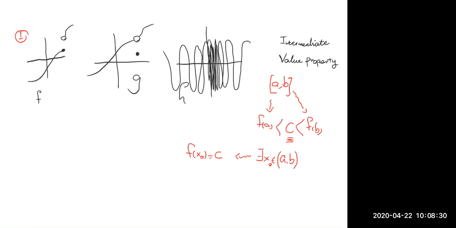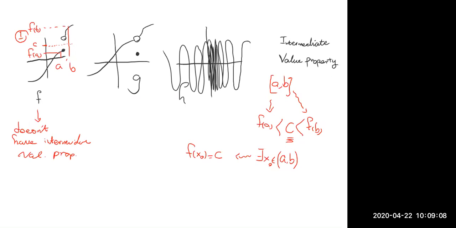If I choose A to be this number and B to be this number, this is going to be f of A, and this is going to be f of B. And here C is somewhere in between, but as you can see, there is nothing between A and B such that its f is equal to C. So f doesn't have the intermediate value property.